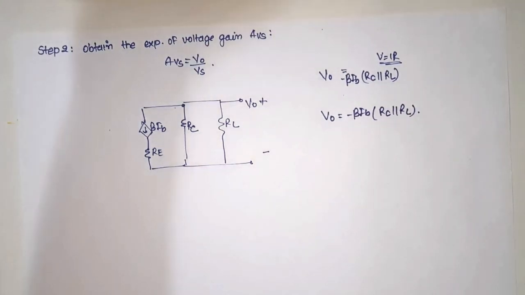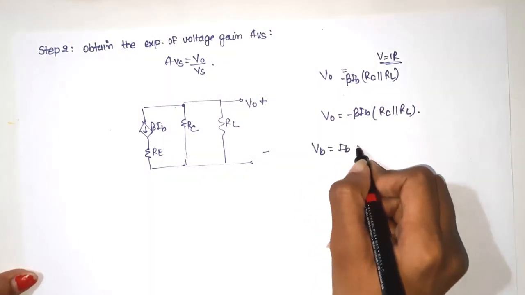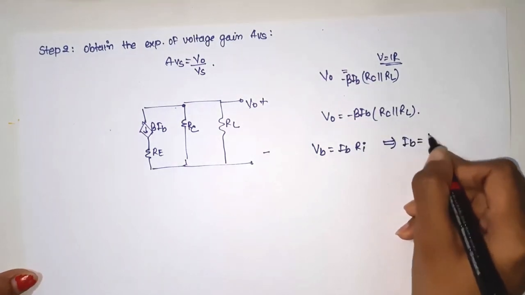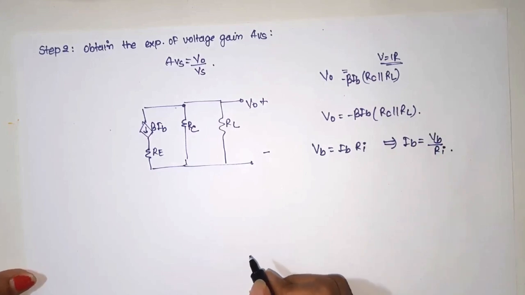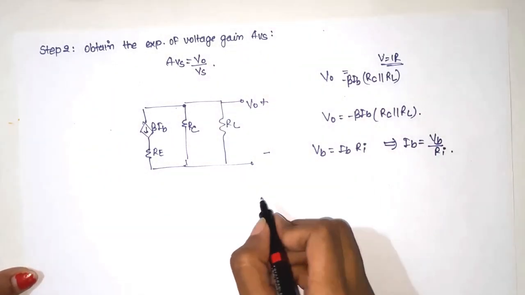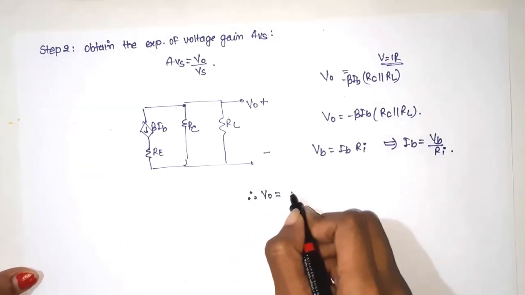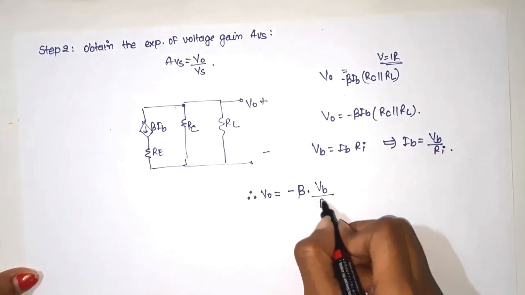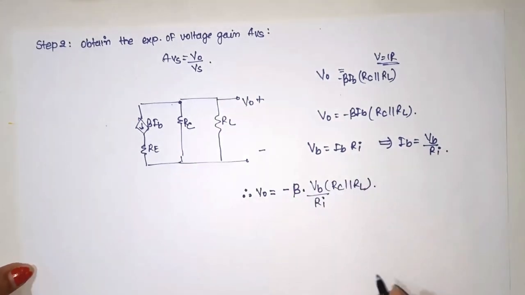Now we have already seen that VB is equal to IB Ri. From here we get the value of IB as VB upon Ri. Now we substitute this in the equation. Therefore VO is equal to minus beta times IB, where IB is VB by Ri, into RC parallel RL.